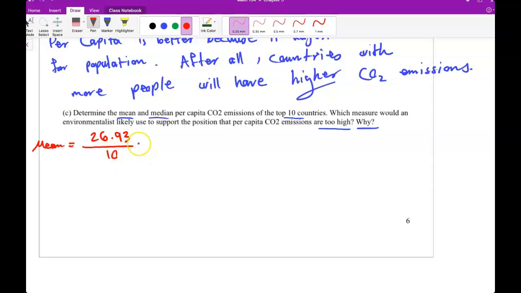And divide by 10, so it's 2.693, in 1,000 metric tons. So this is the answer for mean.